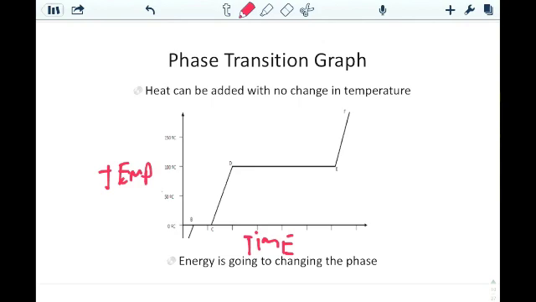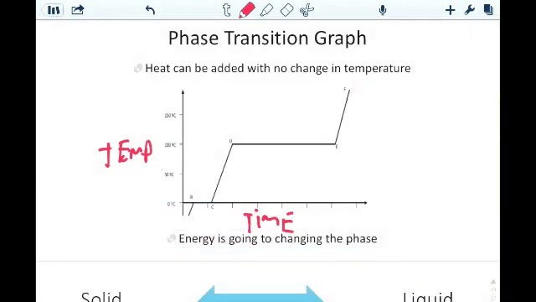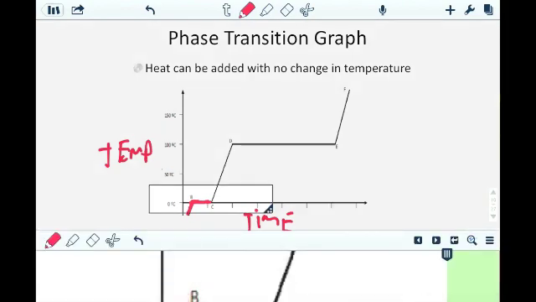As the temperature increases over time, it goes up, and we're applying heat the entire time. Heat can be added with no change in temperature, so we get this plateau.